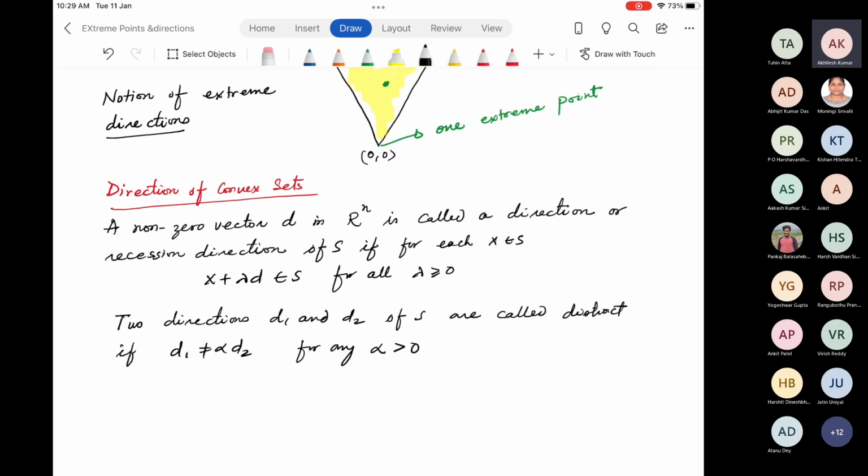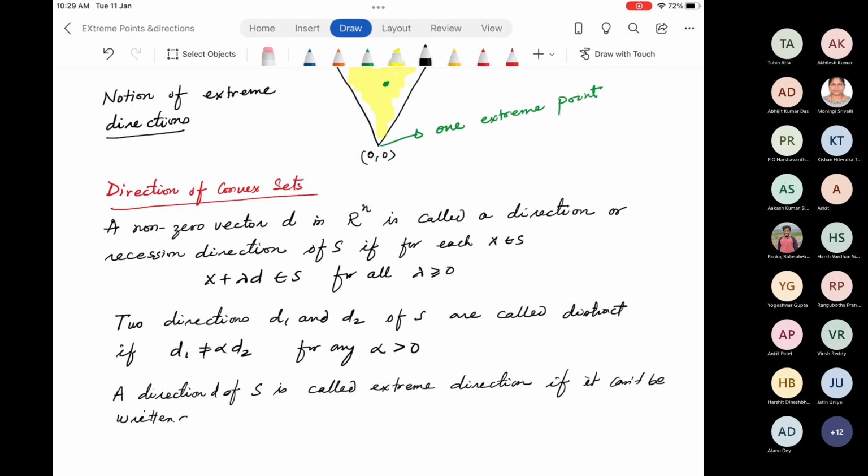Now coming to extreme direction. A direction d of set S is called an extreme direction if it cannot be written as a positive linear combination, please note that I am writing linear combination and not convex, of two distinct directions.